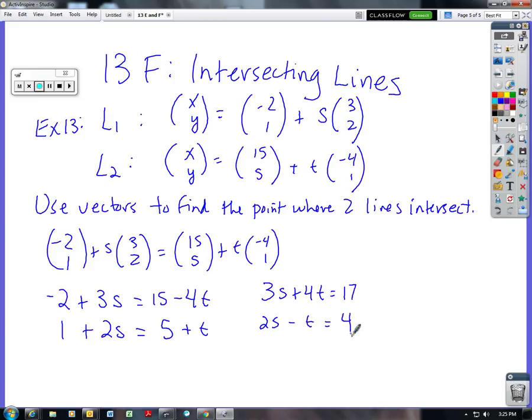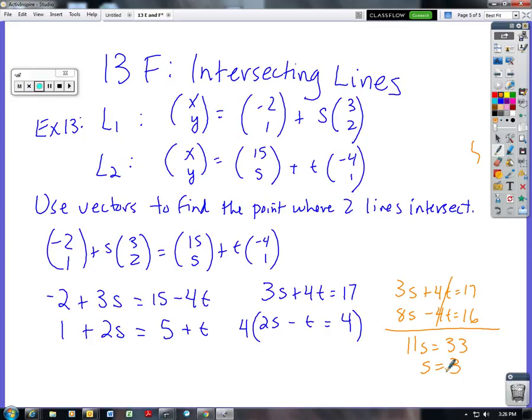Then I'm going to eliminate by multiplying the bottom one by 4. So I'm going to have 3s plus 4t equals 17, and then 8s minus 4t equals 16. That's going to cancel. 11s equals 33. S is 3. Good. It's always comforting to get an integer.